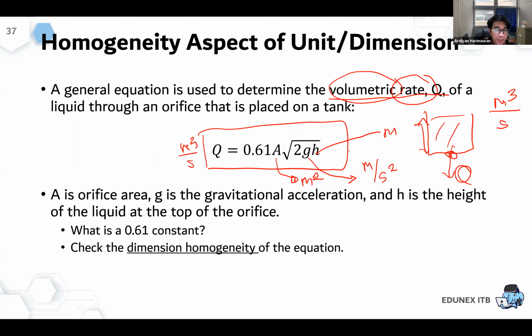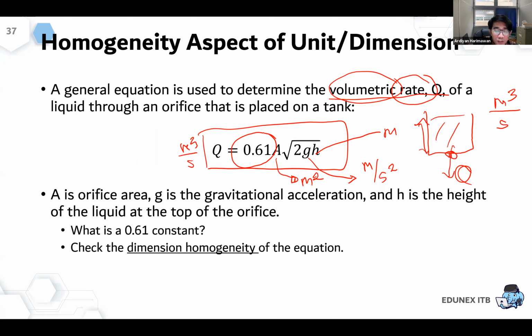Okay. And why do we have this one? This is what we call the correction factor, or a constant factor. Why do we have a constant factor? Later when we study static fluid or fluid flow, we will learn why it has a correction or constant factor.